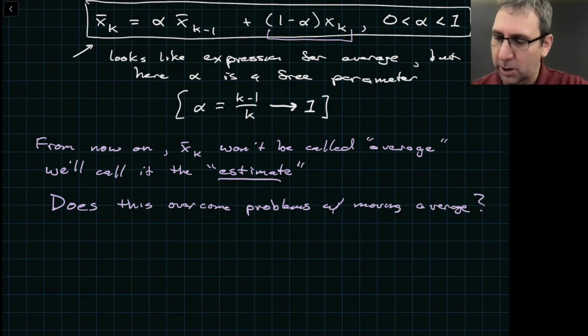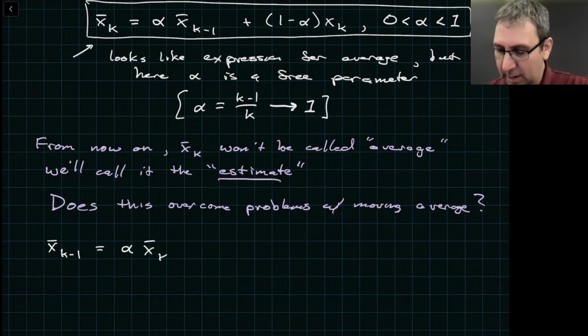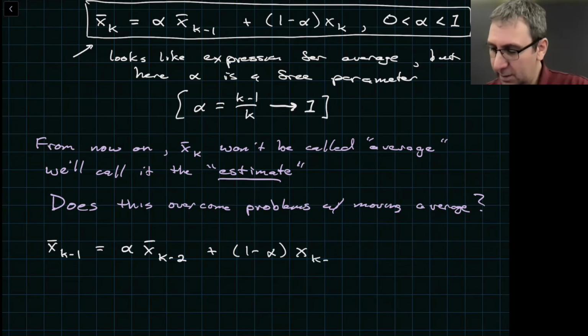We will start with writing what this expression would be for X bar K minus 1. So just following this up here, X bar K minus 1 equals alpha X bar K minus 2 plus 1 minus alpha X K minus 1, the X K minus 1 data point.